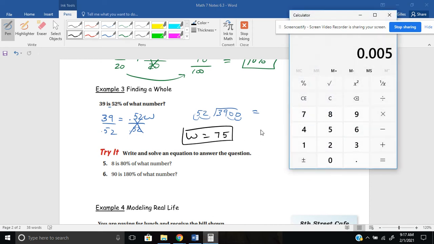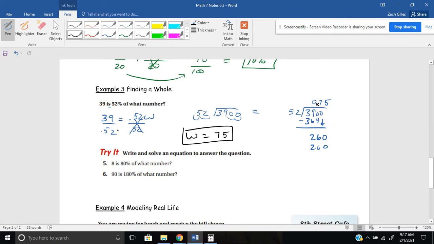If I were to take 39 and divide it by 0.52. Yep, 75 is my whole. Okay. And you can always double check that again, right? If you were to take 39 divided by 75, that should give you 0.52 or 52%, what we started with.